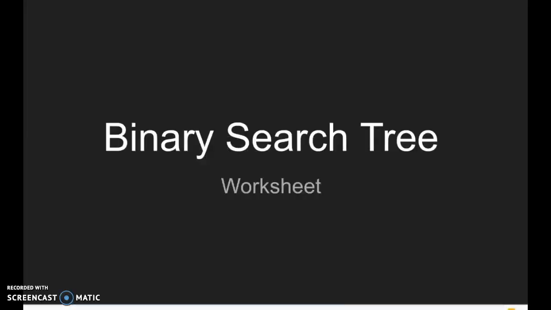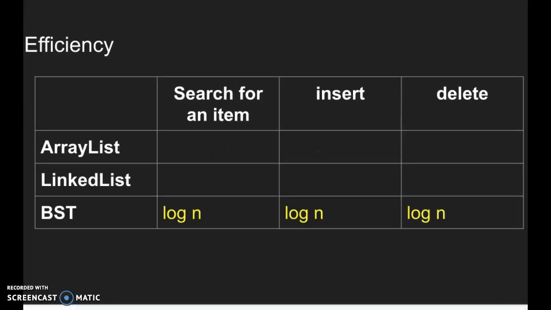And so for a comparison, looking back at our array list, when I went to search for an item in an array list, presumably a sorted array list, so this assumes it's sorted, I can do that same binary search to find the item.